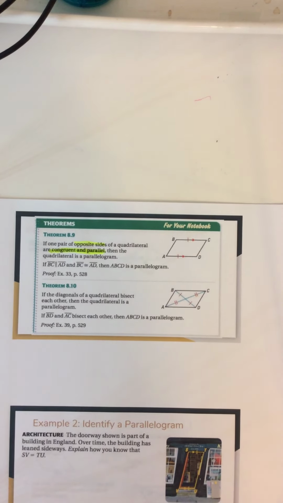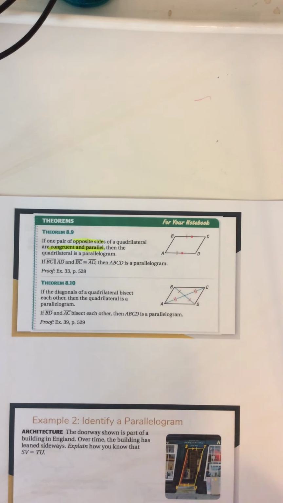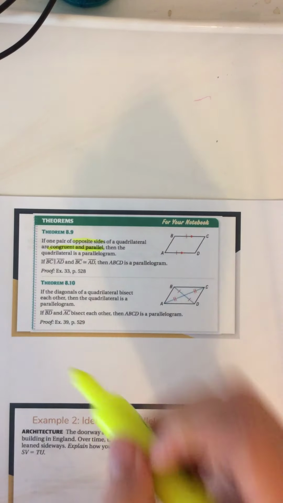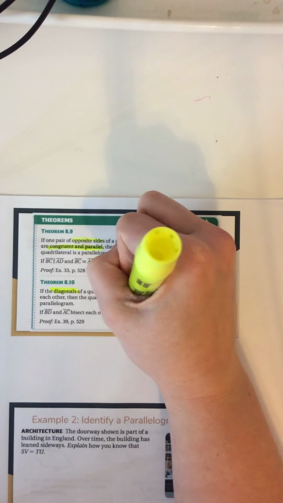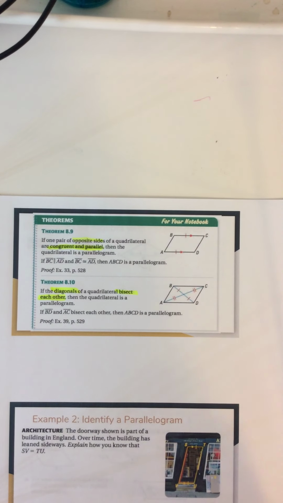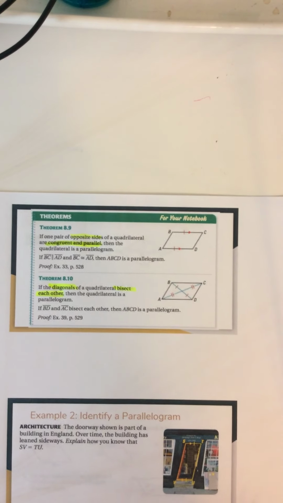And we're going to be using that in an example here shortly. And then our next theorem is if the diagonals of a quadrilateral bisect each other, then it's a parallelogram. And that's very similar to the other theorems we've learned already, so I won't touch on that quite as much. But let's see how these work in examples.